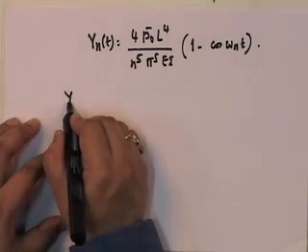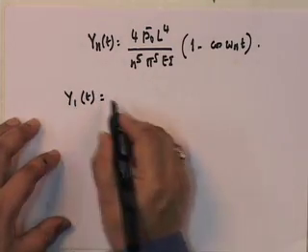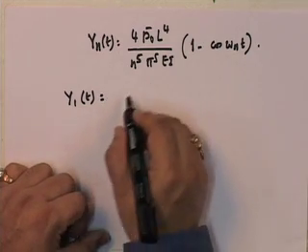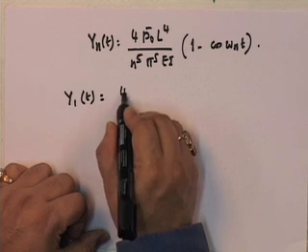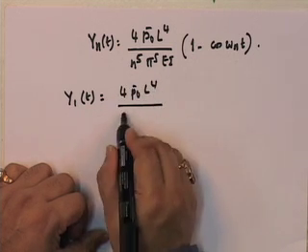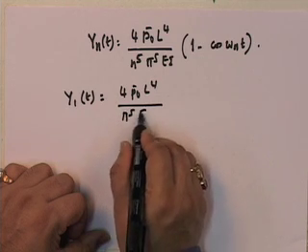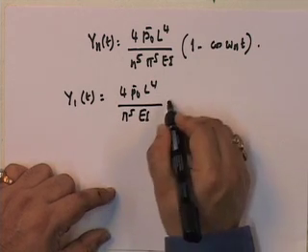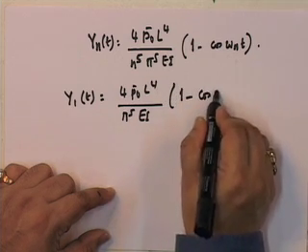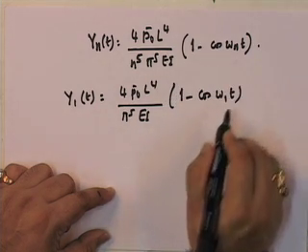So if I look at y 1 of t, what I get is 4 P0 L 4th upon pi 5th E I into 1 minus cosine omega 1 t.